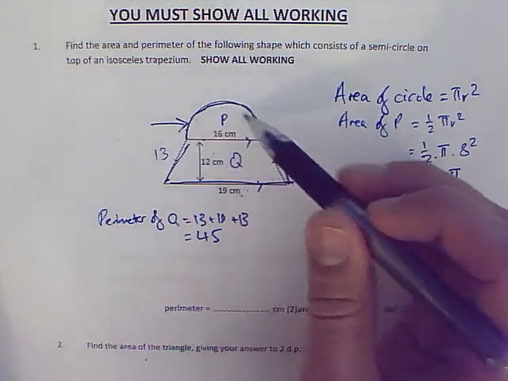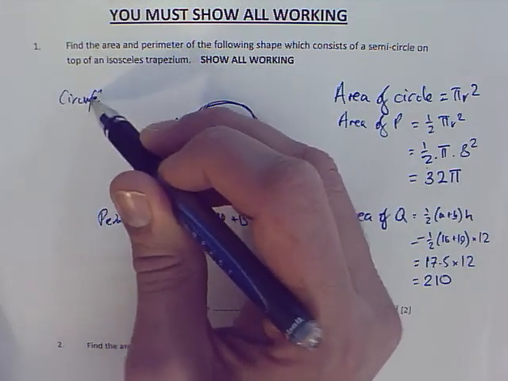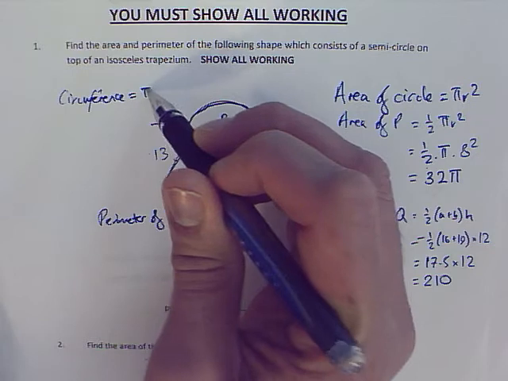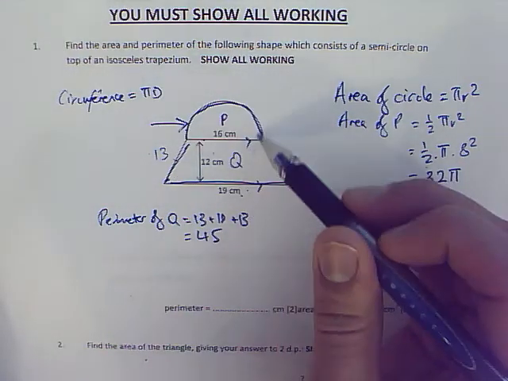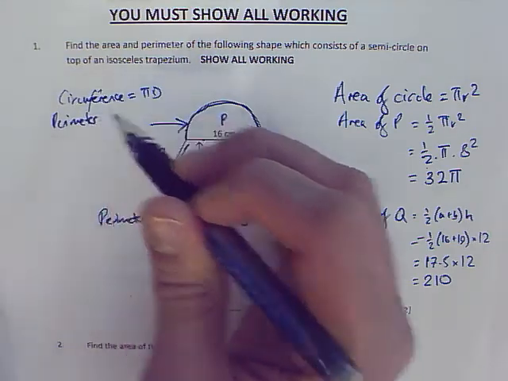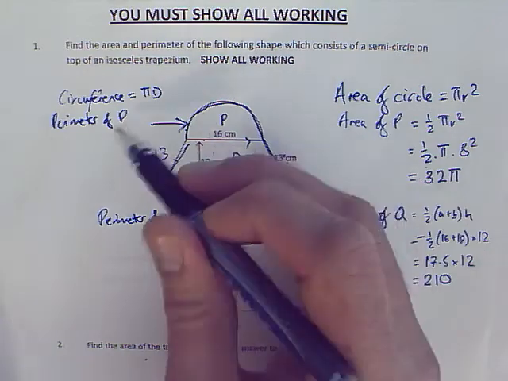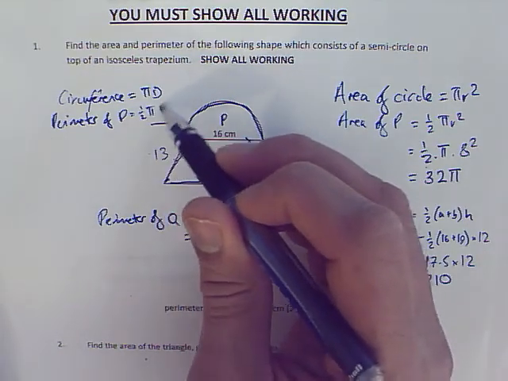Now, this length here is a fraction of a whole circle. You know that circumference is 2 pi r, or pi d. So what fraction of the circumference is this? Well, it's half. So the perimeter that matters of P, not this bit, but just the curved bit, is going to be a half of pi d.